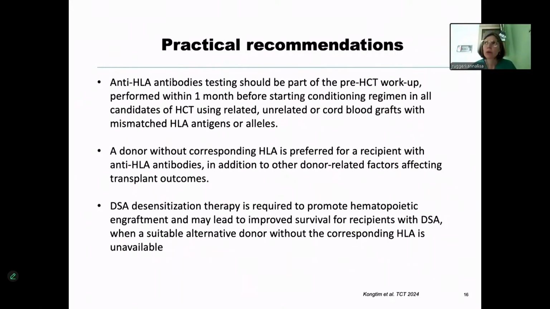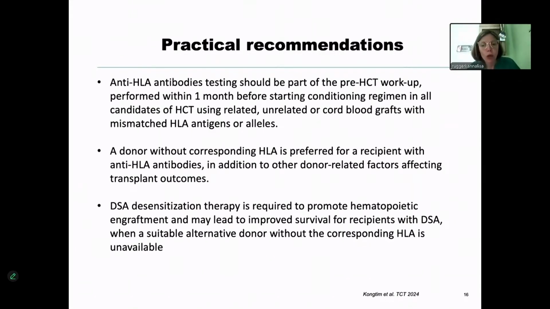It is more and more recommended to extend the testing for DSA also in cases of related donors, just to look at the presence of anti-HLA, not DSA, and to note also in that case the possible alloreactivity of those antibodies. A donor without corresponding HLA is preferred for a recipient with anti-HLA antibodies, of course, in addition to the other donor-related factors.